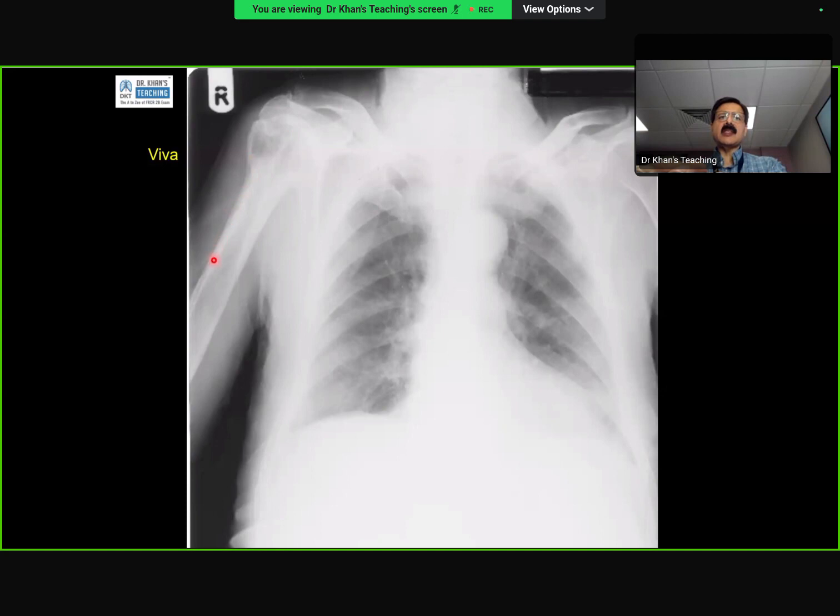This lucency gives you the appearance of a periosteal reaction. Your thoughts are absolutely fine that I will be worried about malignant transformation. But once I tell you that this patient is asymptomatic because no pain, no nothing, this is that lytic phase.